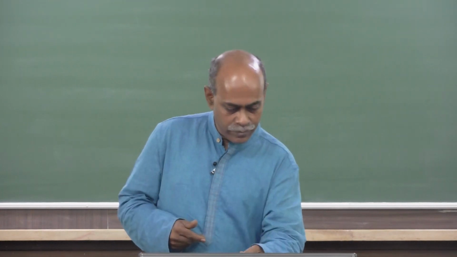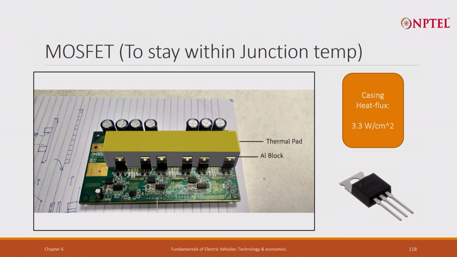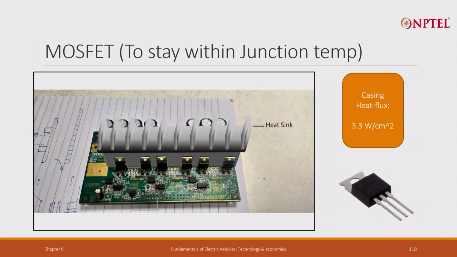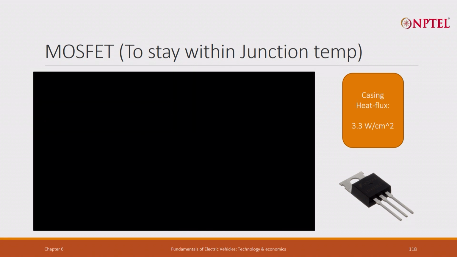Again, there is a PCB, we have pasted something called thermal pads for better conduction and contact, and placed an aluminum block, and then on top of it we have a heat sink with many fins, and then when current starts flowing, you can see that the heat is being conducted through the metal block and coming onto the surface, and it is being carried away by the air, and depending upon how much heat is coming out from the fins, you can depend upon natural convection, or you may have to blow air and so on.